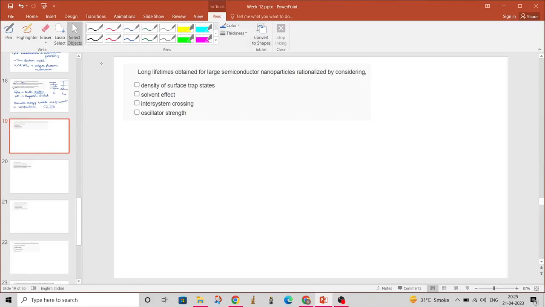Now for larger semiconductors, the long lifetime is first due to the density of the surface traps, intersystem crossing, and the oscillator strength. Solvent has no role to play over here.